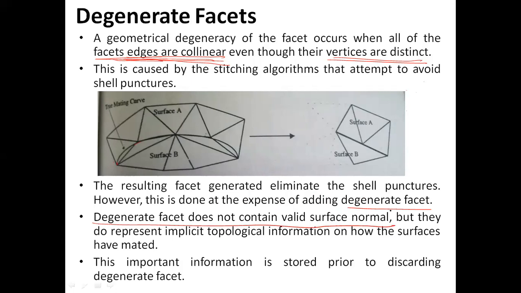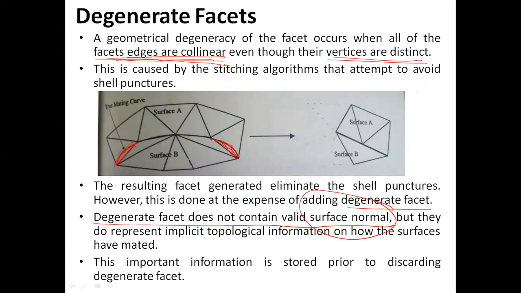Now, this is a very good identifier of a degenerate facet. If you look over here, this is the curve that was there, and in order to protect this curve, this has been created. But if you look at this shape, you see that this is not a triangle.